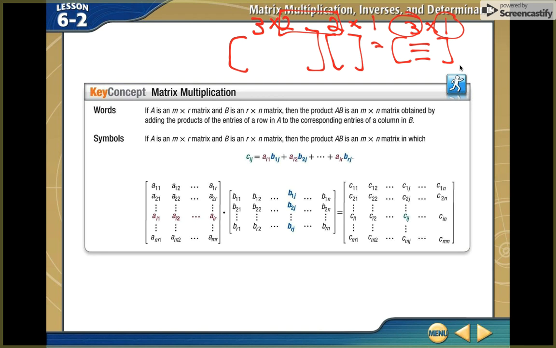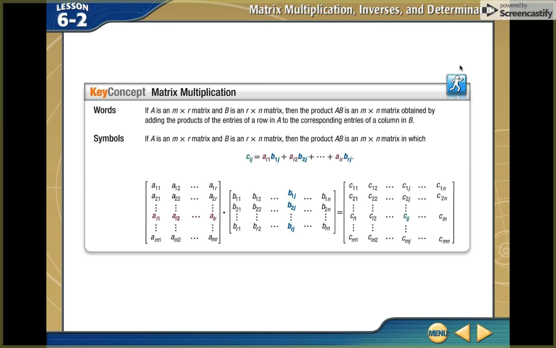One thing to notice here as we do this is if I have a 3 by 2 and then a 2 by 1, that is valid. That's okay.